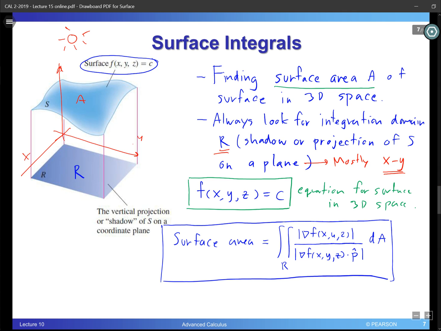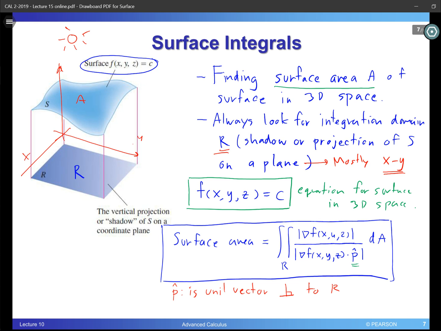Now you might wonder, what is this P? Let's make a note here: this P hat is a unit vector that is orthogonal to R. Some of you might still not know what this P is.